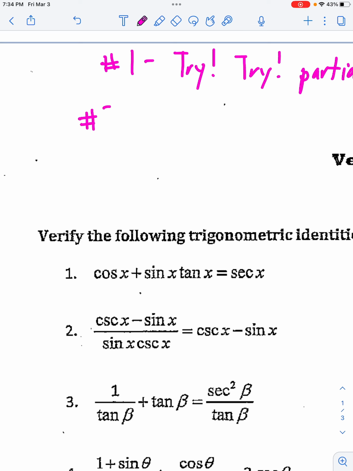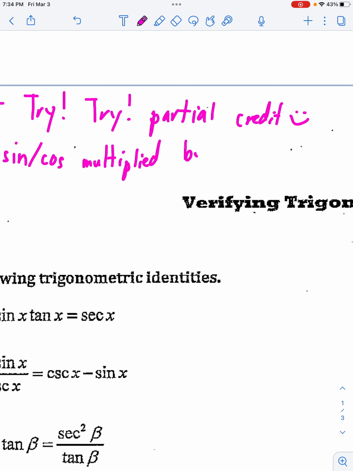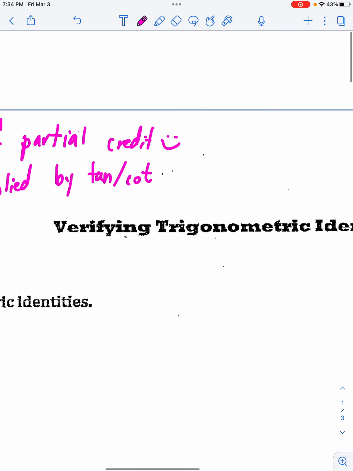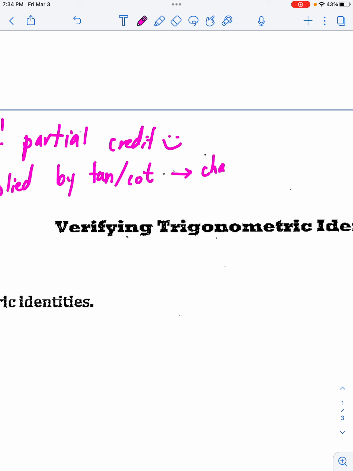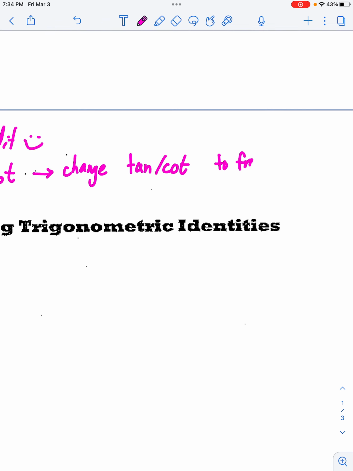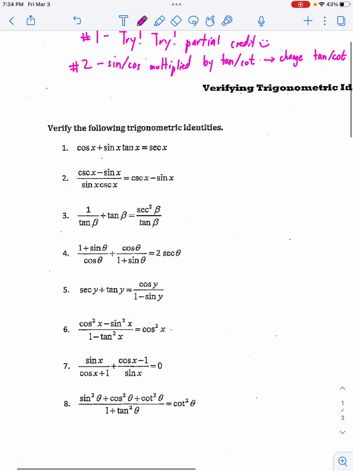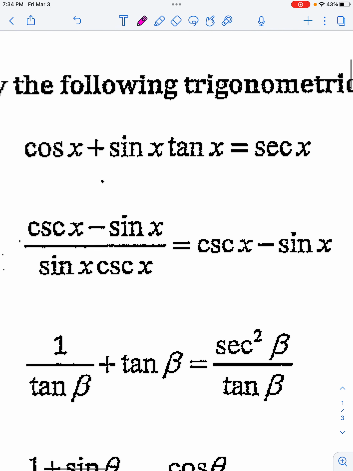That second thing is a sine or cosine multiplied by a tangent or a cotangent. If you see that, what you want to do is change your tangent or cotangent to a fraction.